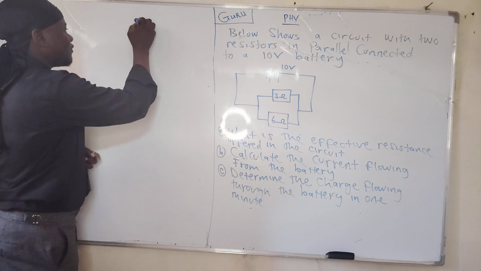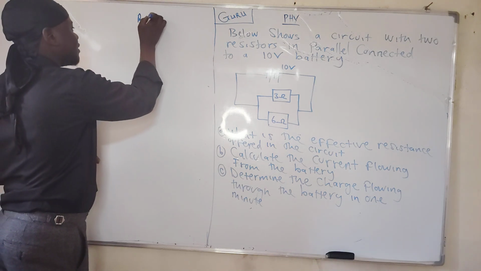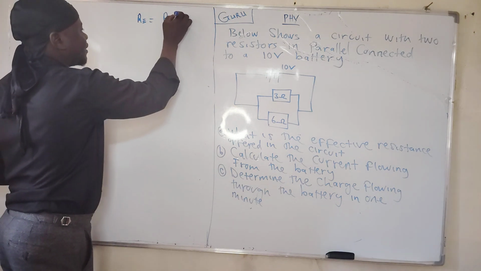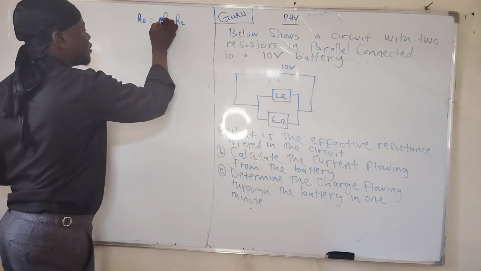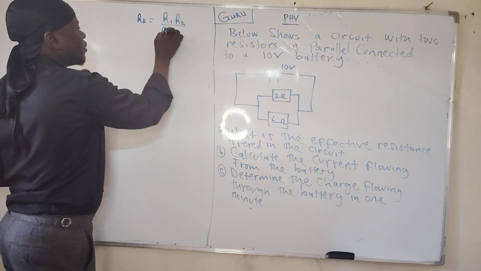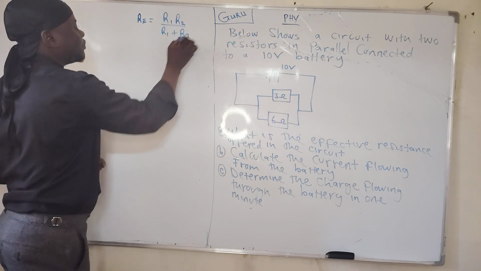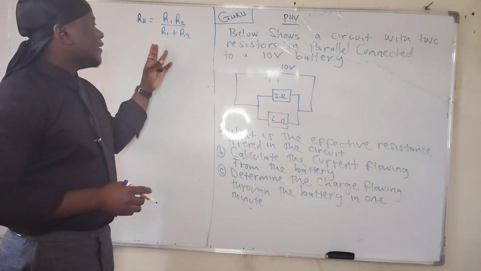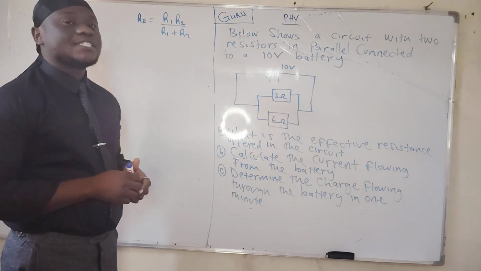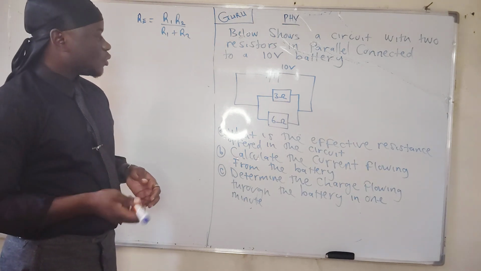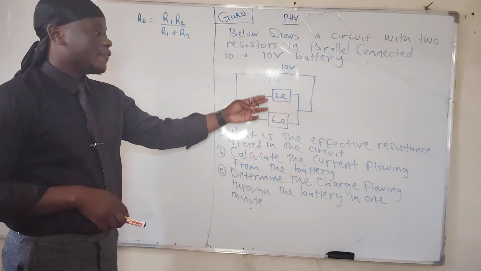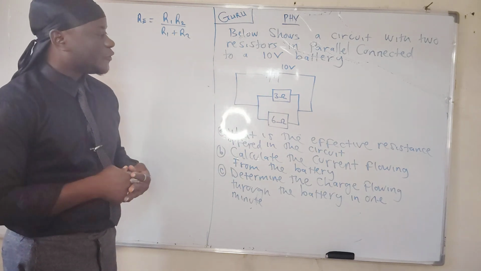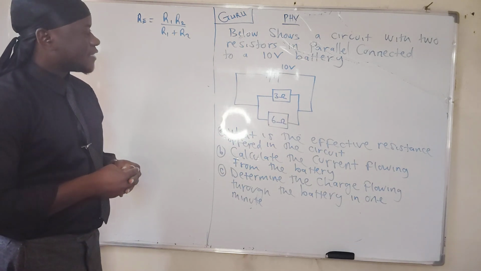Instead, you use this formula: effective resistance equals the product of resistor 1 and resistor 2, over resistor 1 plus resistor 2. That's the formula for two resistors. For 3 resistors, you can inbox me and I will show you.